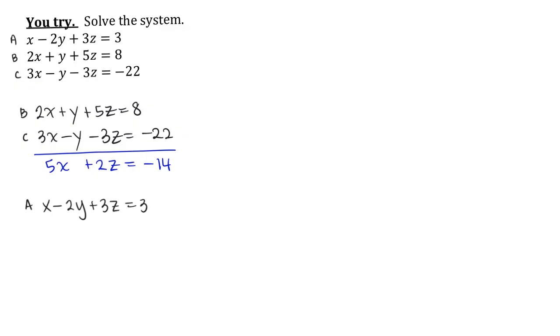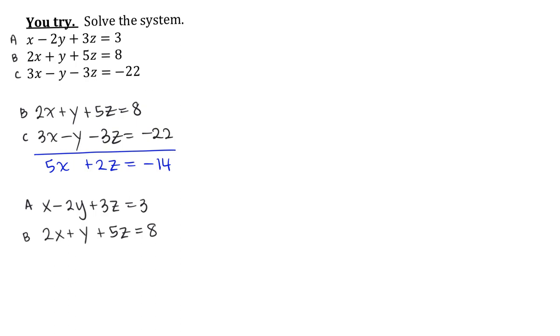Okay, and then because I canceled the y's out, I have to cancel the y's out again. So if I want to cancel -2y out, it's up to you whether you think that this equation or this equation will be easier to cancel out. For me, I'm going to use B, just because the number at the end was smaller. If you do it differently, we will get the same answer at the end.